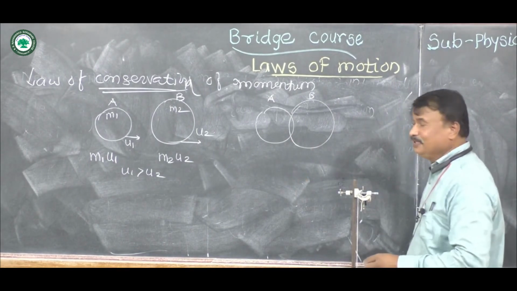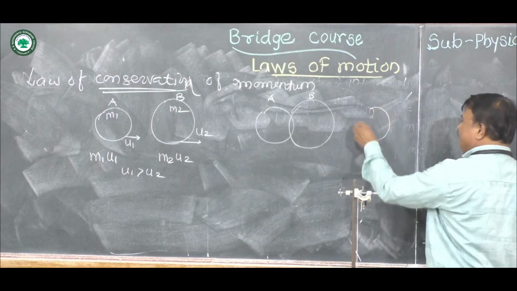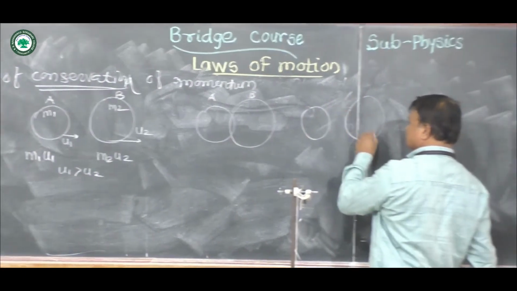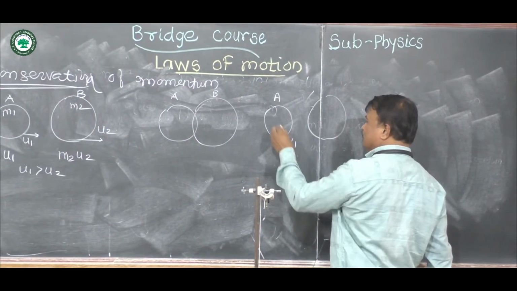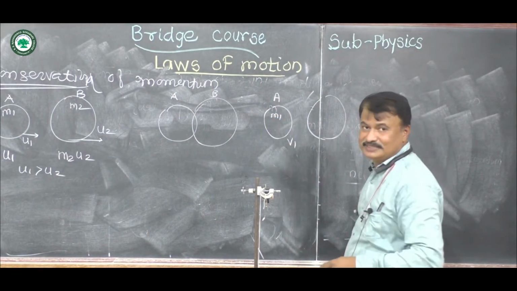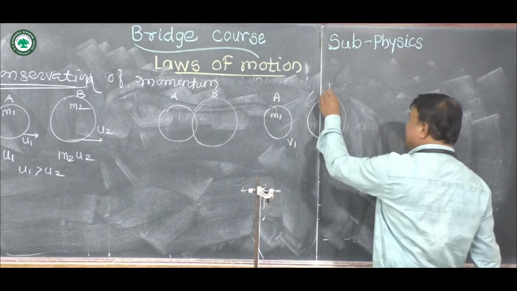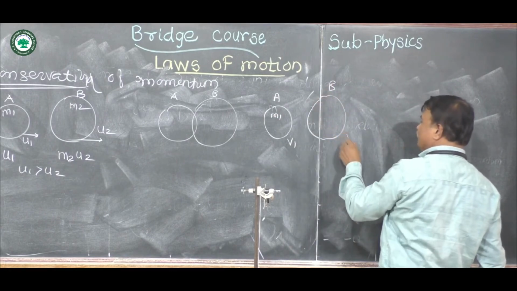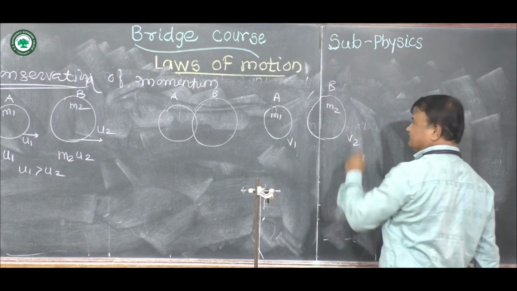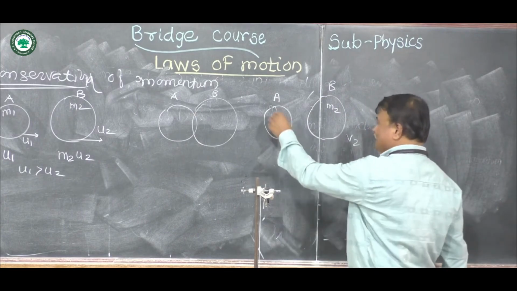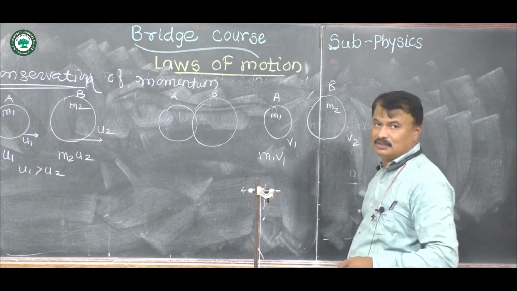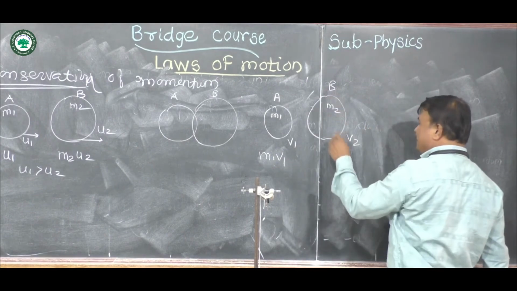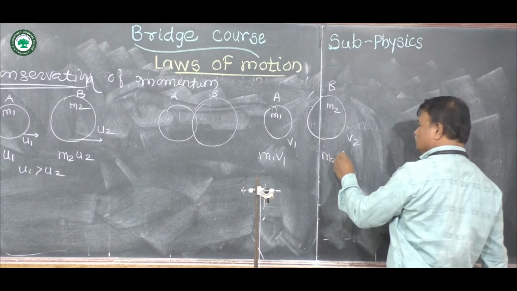And after collision, body A and body B are separated. Body A moves with velocity v1 after collision, and body B moves with velocity v2 after collision. Then after collision, body A has momentum m1 v1 and body B has momentum m2 v2.